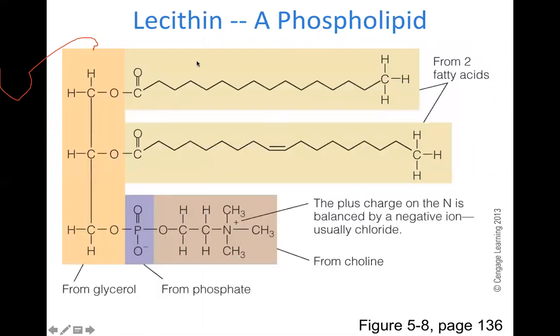This is an example picture of a phospholipid, and at the bottom of this, you can see it has a P and 2 oxygens. That's the phosphate part of the phosphate group. And then it has a group with a nitrogen in it, and that part comes from the choline. And it has a positive charge on the nitrogen and a negative charge on the oxygen. And those 2 charges on this molecule allow it to interact with water.